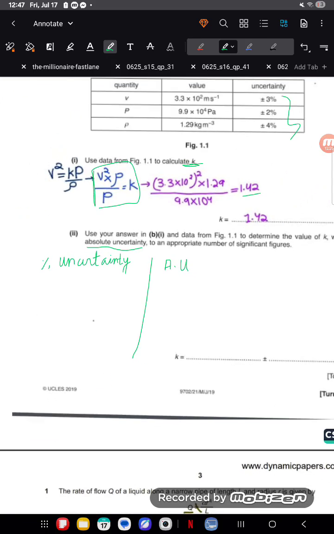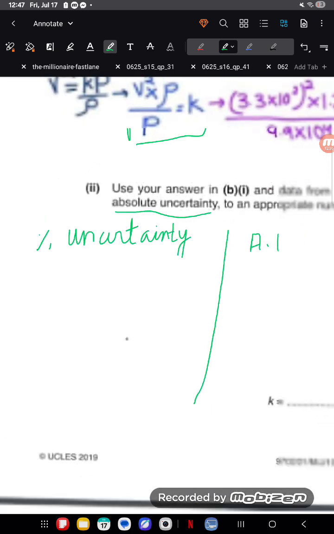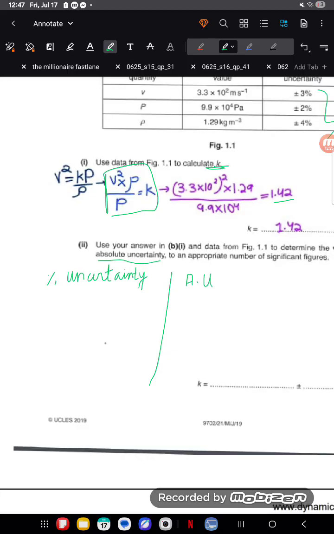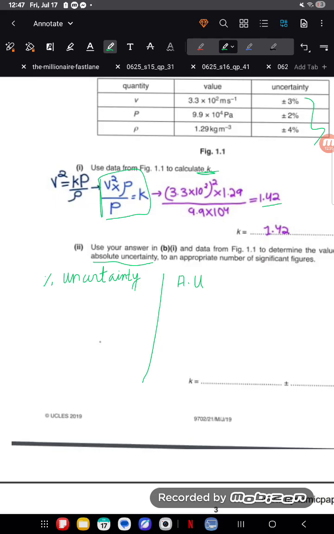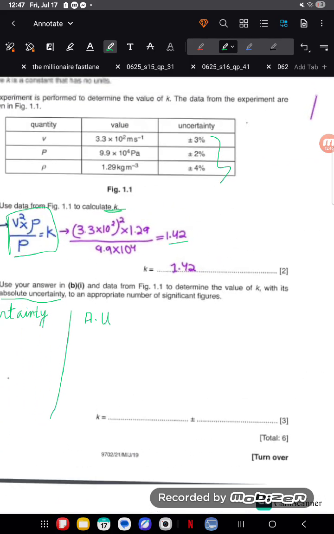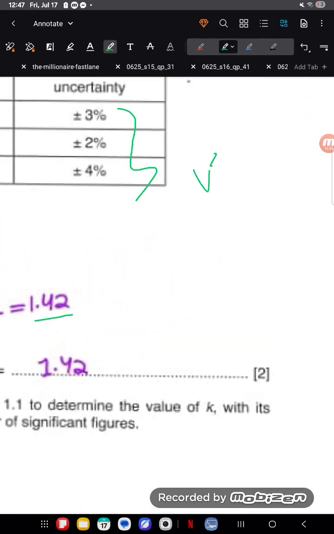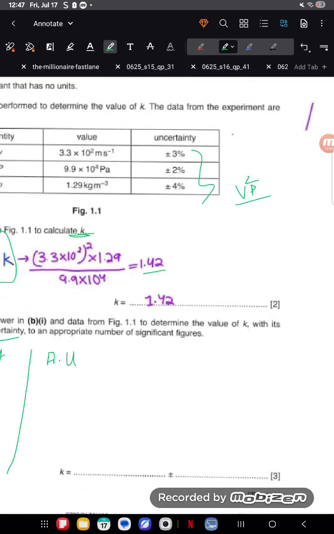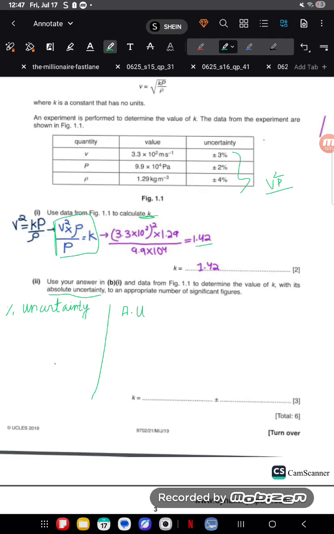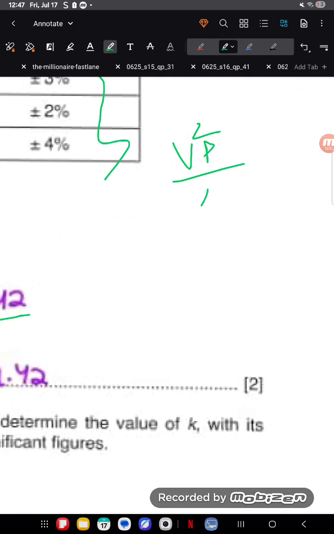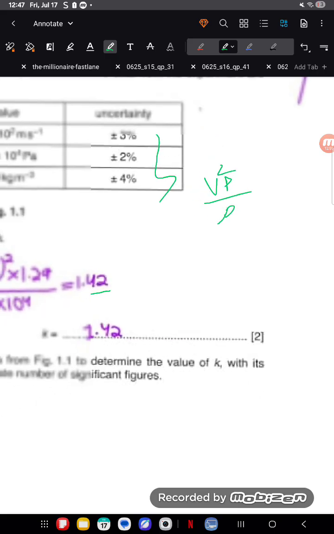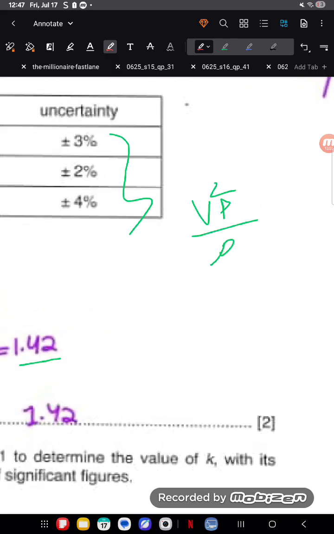Okay. Total uncertainty, first let us get. This one, what is the formula? Let me write the formula. This is V square P divided by density. This is another P, density I mean. So this one, it means what?